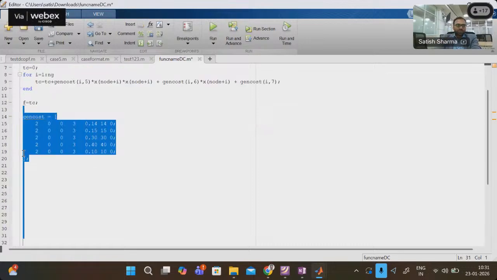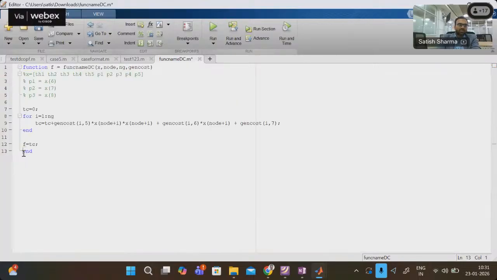So what we can do is we can delete this one, and this is the function which we have defined. This is how you can define a function in MATLAB. In GAMS it was a bit easier. Here you have to apply certain logic, then only you will be able to define the function.